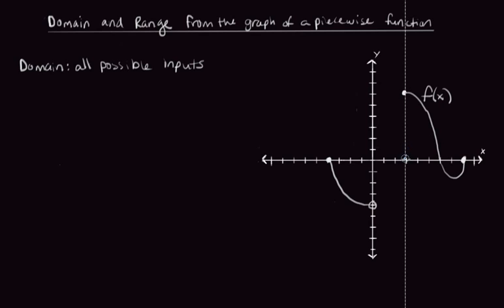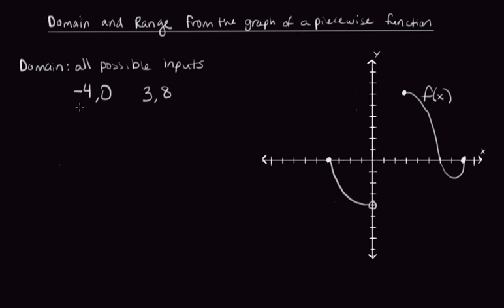So from 3, 4, 5, 6, 7, 8. So from 3 on the x-axis to 8, we also have values. So let's go ahead and write that in our domain. So we go from -4 to 0, and then we also go from 3 to 8.